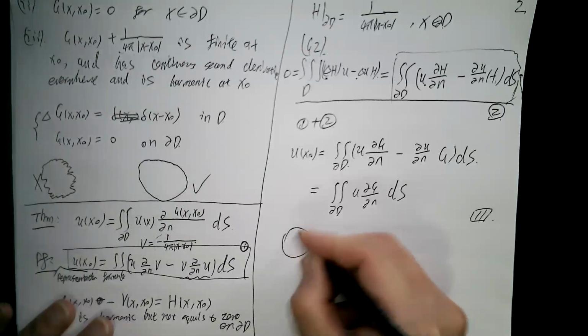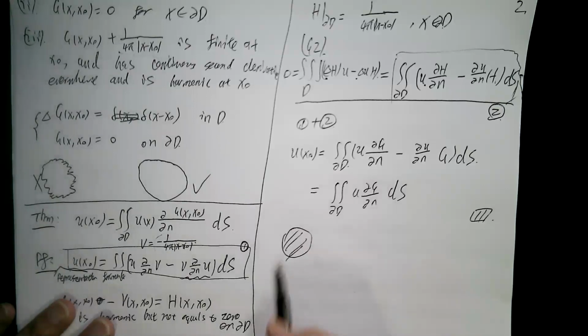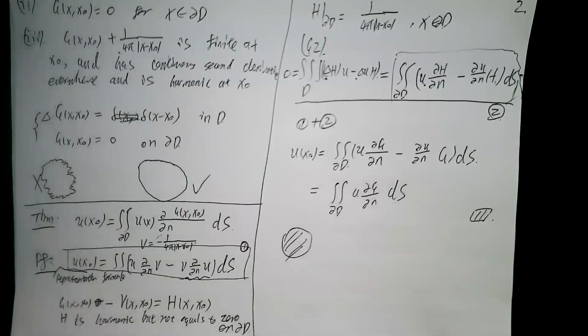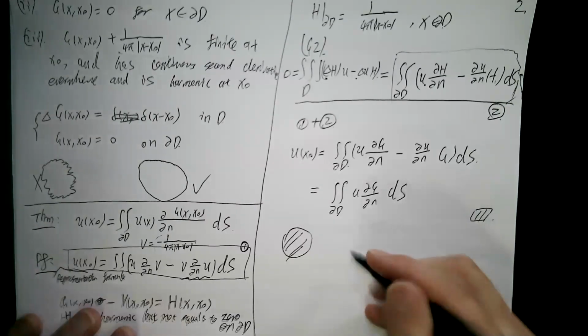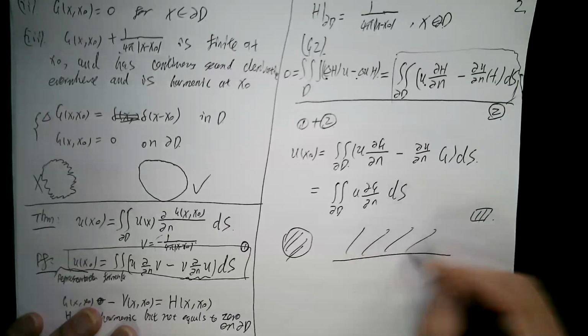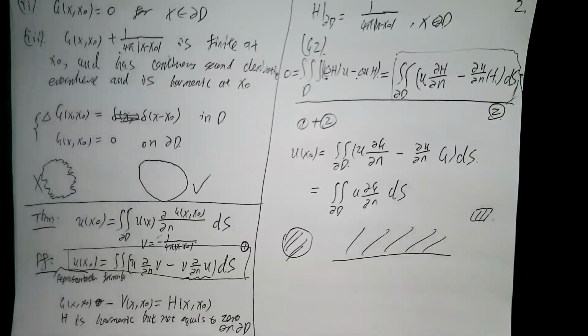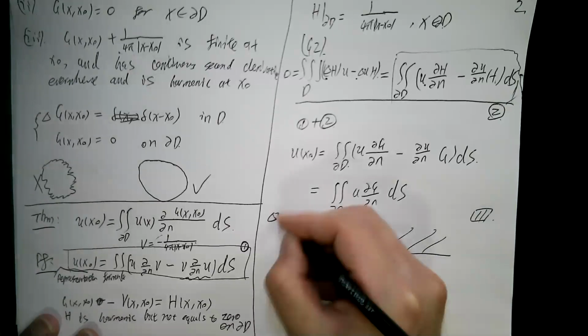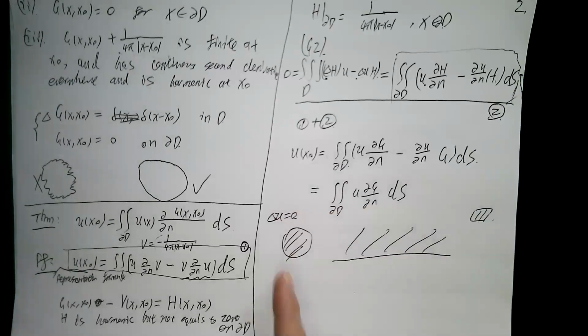The disk, we know how to solve by Fourier series. The upper half plane, we learn from the Fourier transform, or Fourier analysis.